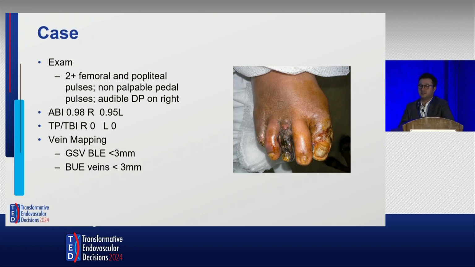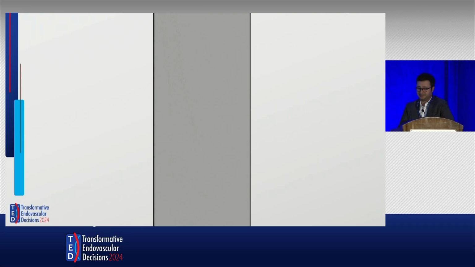Arterial non-invasives were consistent with someone that I'd imagine might have a desert foot: normal ABIs bilaterally, but a toe pressure of the right lower extremity of 0. A toe pressure on the left is 0, but she was asymptomatic. All these patients get reflexively upper and lower extremity vein mapping, and her conduits were quite small, so not a real good candidate for any sort of open bypass procedure.